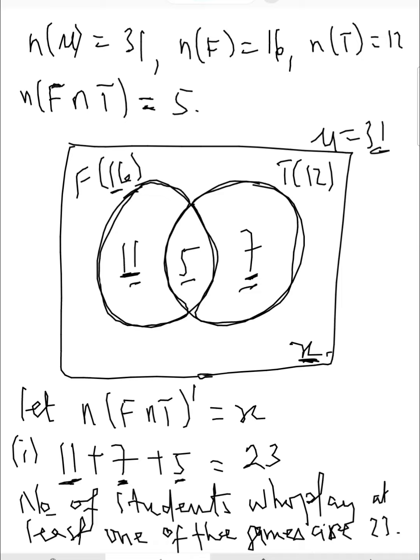Then we make X the subject to know those who do not play any of the games, because we represented them by X. So we have 11 plus 5 plus 7 plus those who don't play any.